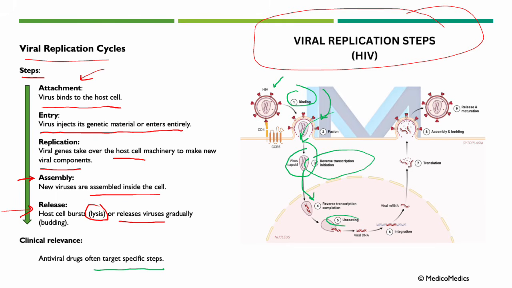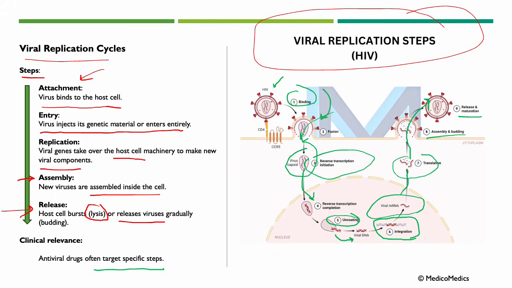And here, uncoating occurs, whereby the viral DNA has now successfully been delivered into the host cell. After that, it integrates with the host cell genetic material and then starts producing viral mRNA, continuing on to produce whatever it's producing and then exiting through assembly and release.